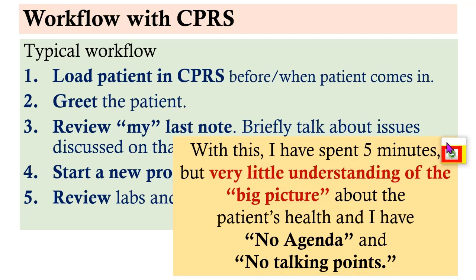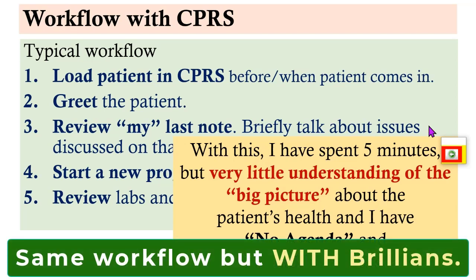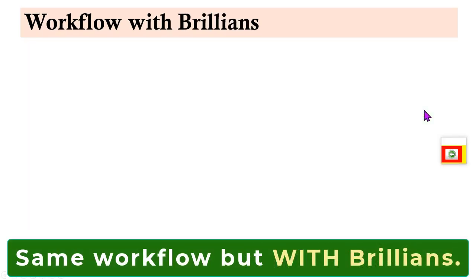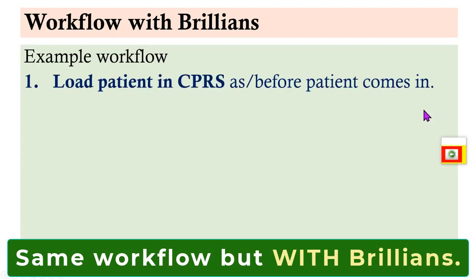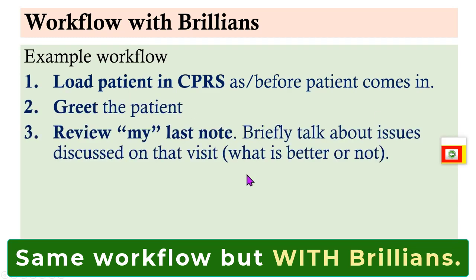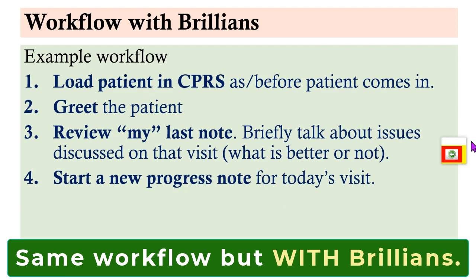Do the same thing, but do it with Brilliance. So next slide, if you see, it is the same steps. Same step number 1, number 2, 3, 4, same thing, no change in your workflow.